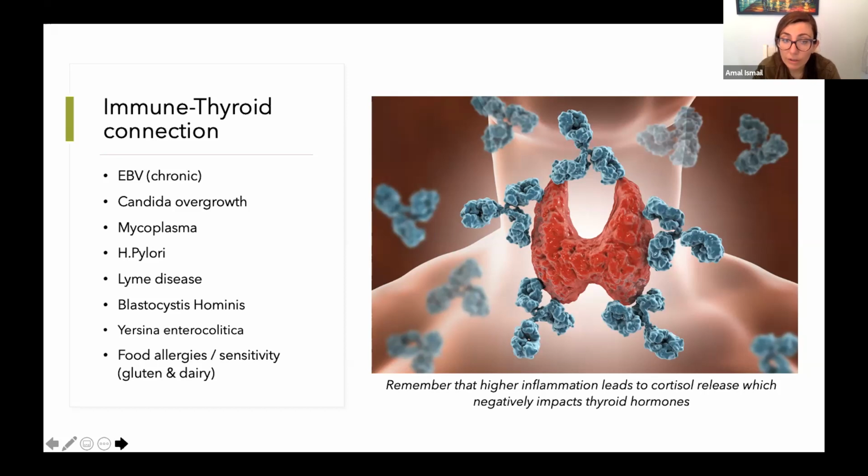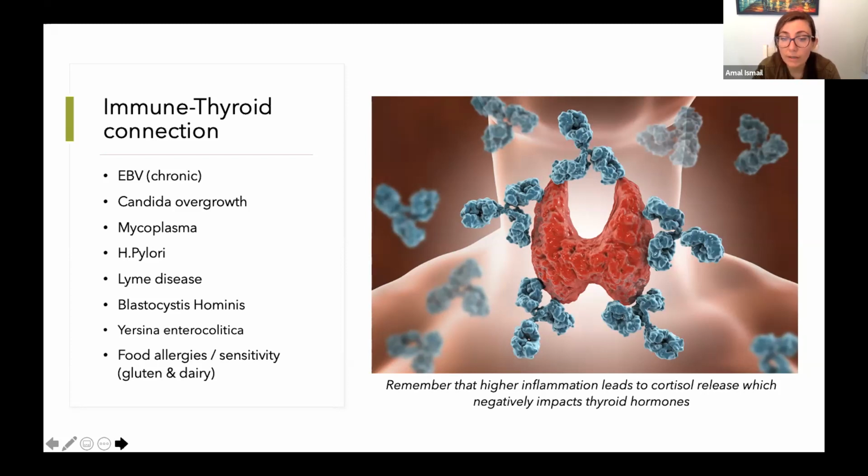Candida overgrowth, H. pylori. There are a plethora of studies that show treatment of H. pylori results in improvement in autoimmune thyroid disease. Lyme disease, infection with Blastocystis hominis, commonly seen as an overgrown pathogenic bacteria in the gut. Yersinia, and also food allergies such as gluten and dairy.